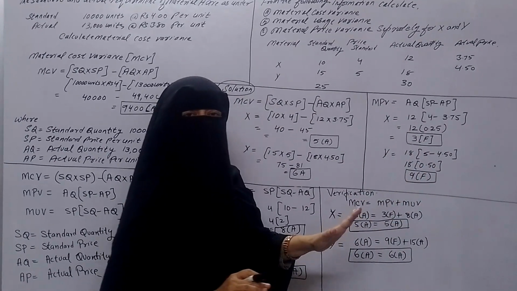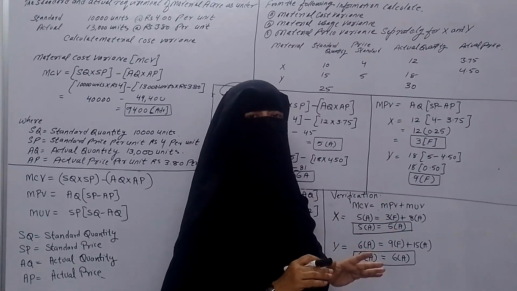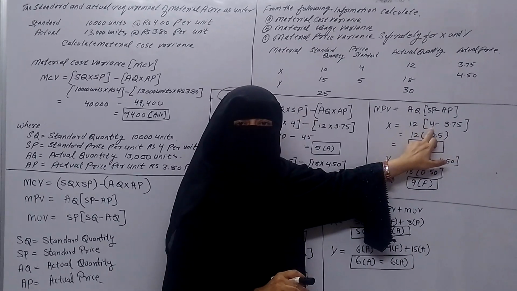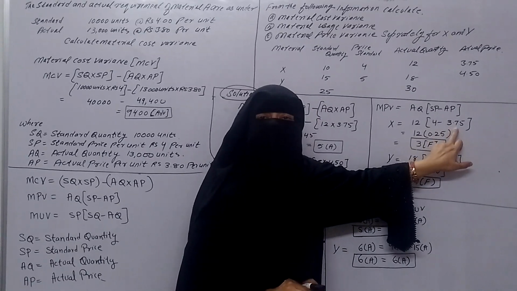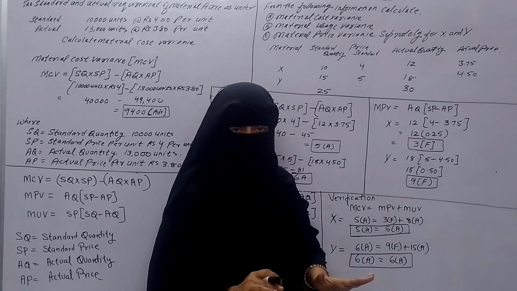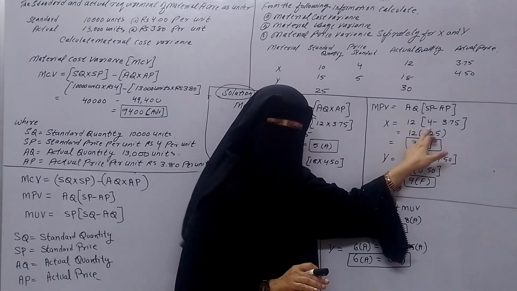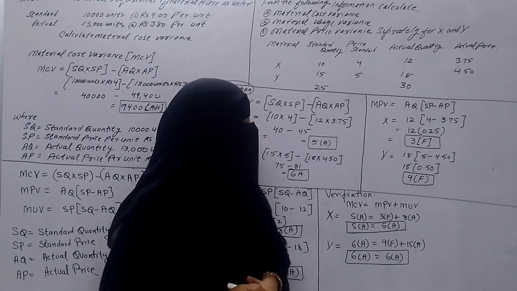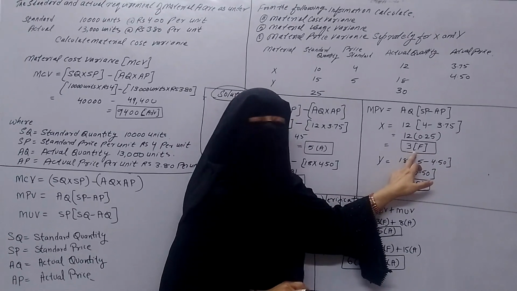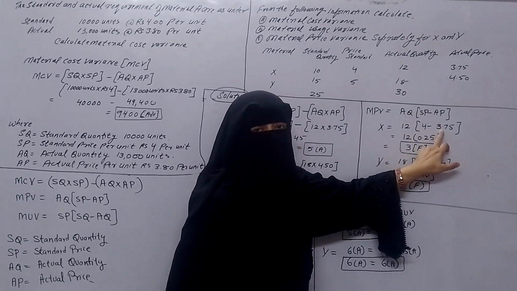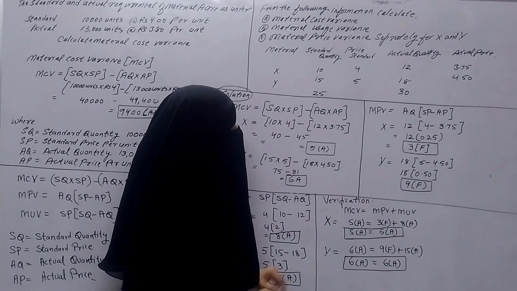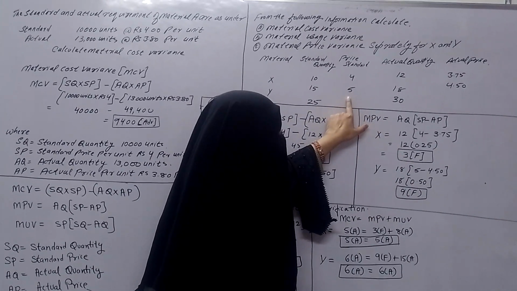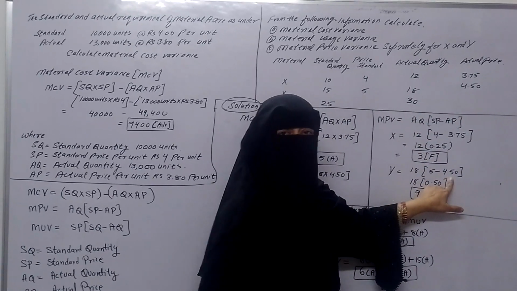Here we are calculating MPV, material price variance. So we have to see the prices. Here standard price is 4, actual price is 3.75. Actual price is less and standard price is more. So whenever actual is less, the difference is called favorable. So this 3 is favorable because actual price is less. Now for Y, actual quantity is 18, standard price is 5, actual price is 4.5.